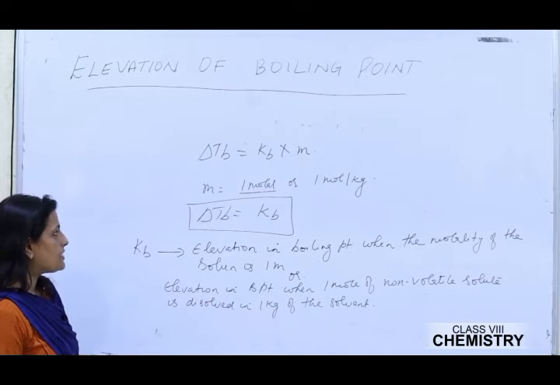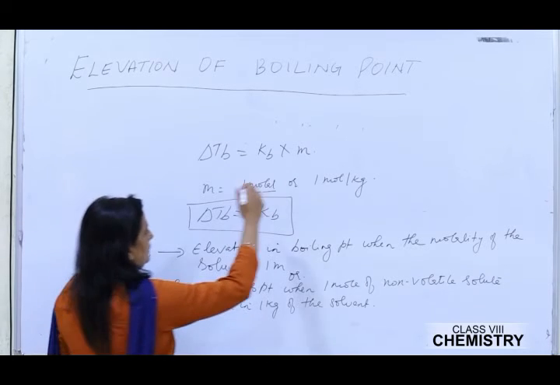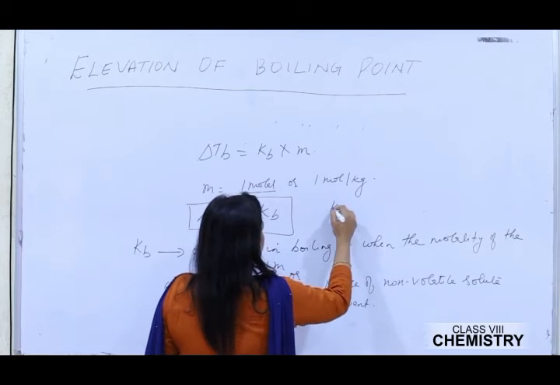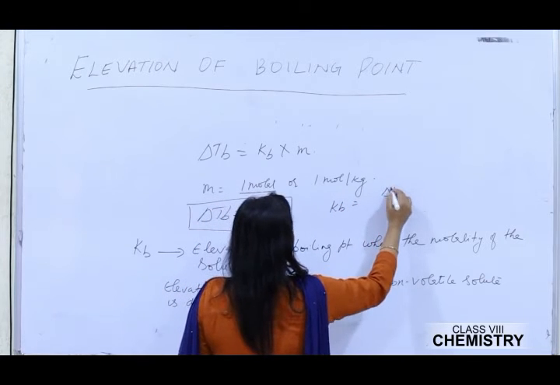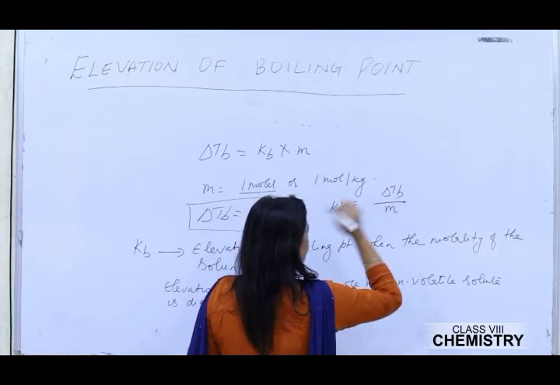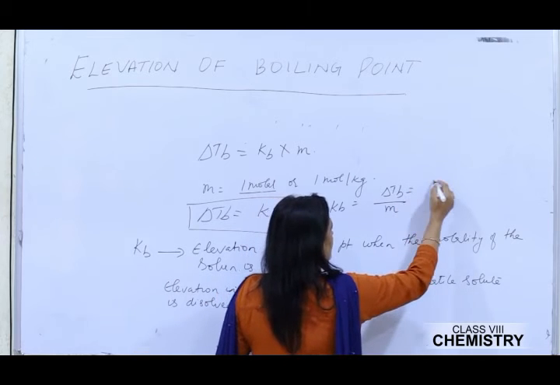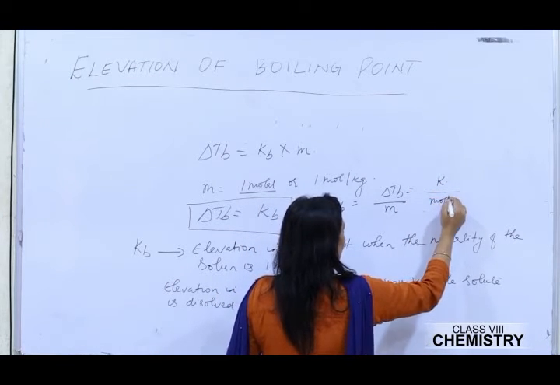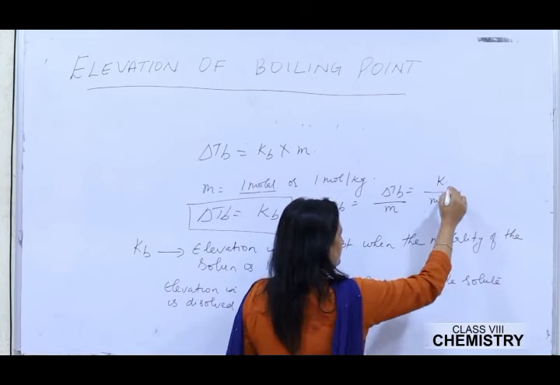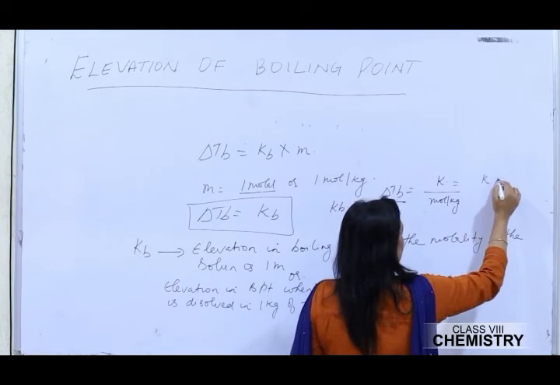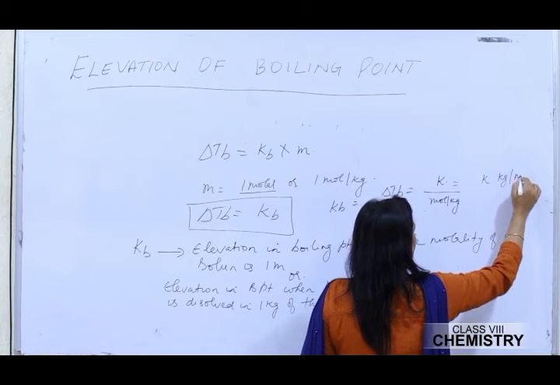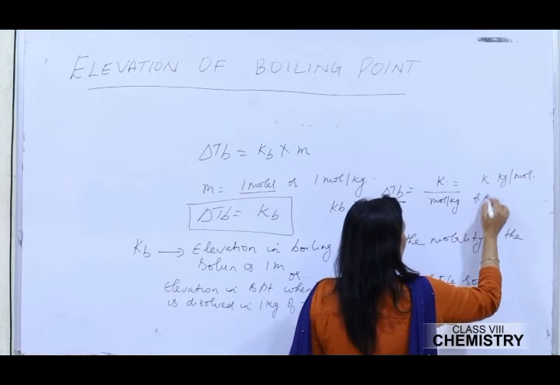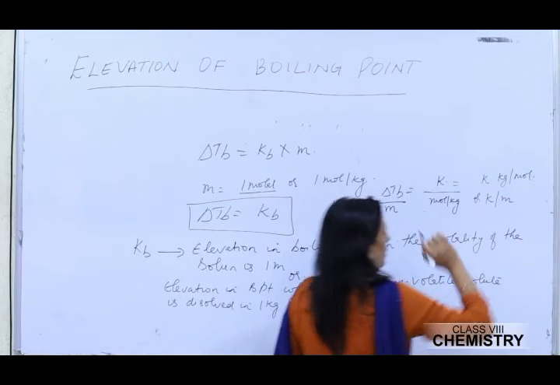Now what will be the unit of Kb? Kb is equal to delta Tb by m. Delta Tb can be expressed in Kelvin, m in mole per kg. So its unit is Kelvin kg per mole or Kelvin per molal.